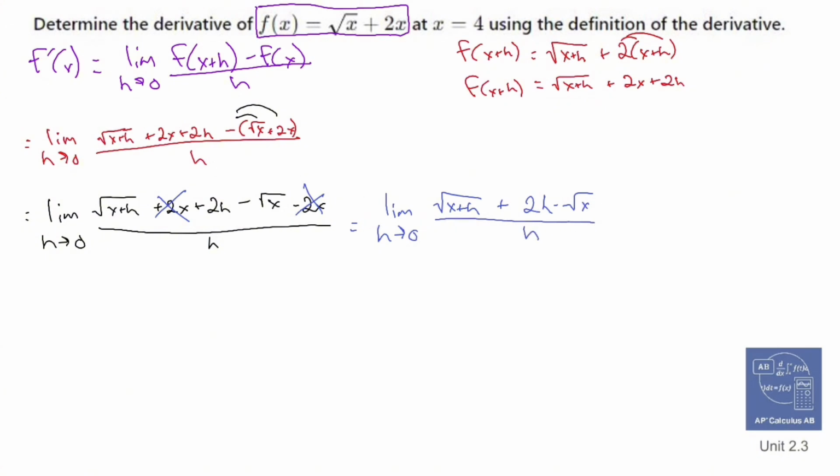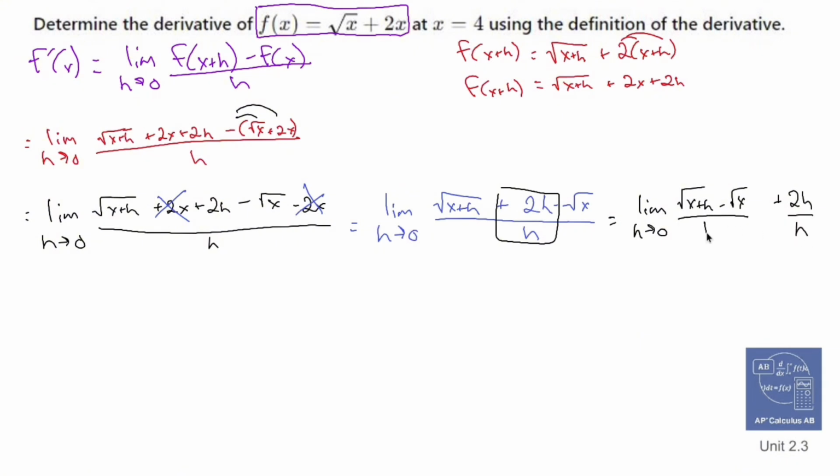Now I'm going to group the roots together, and I'm going to split this off to the side and simplify it a little bit. So I'm going to keep this as the limit as h approaches 0 of the square root of x plus h minus root x plus 2h all over h.